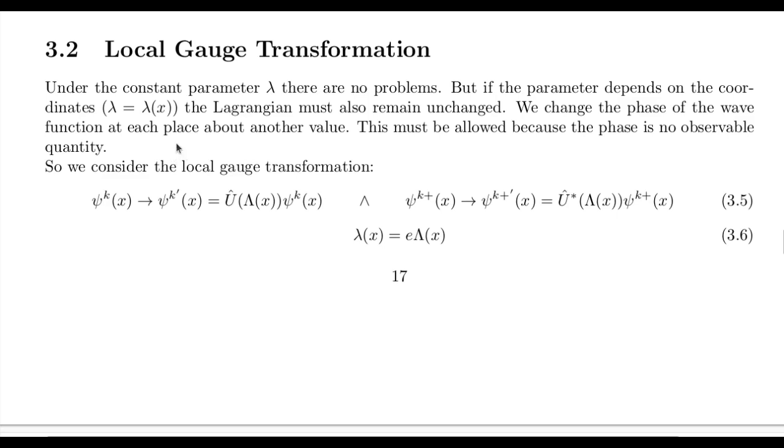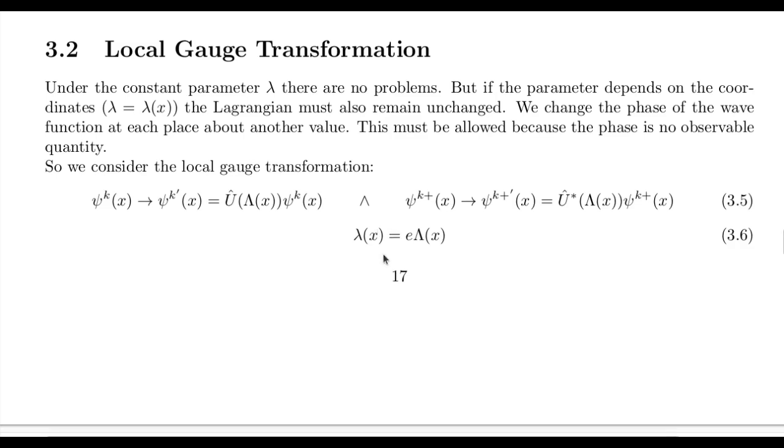So we consider the local gauge transformation. That means the same as before, but now the parameter lambda in the unitary operator depends on x, the space-time coordinates. Then we use e, the electric charge, as a proportional factor.